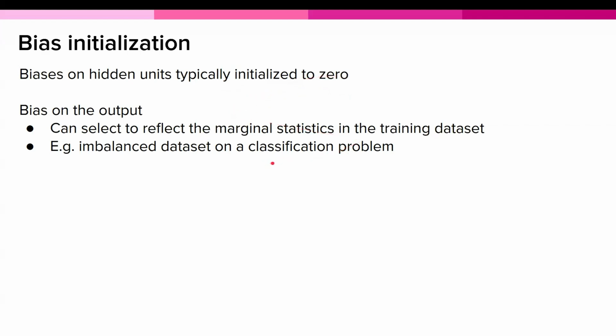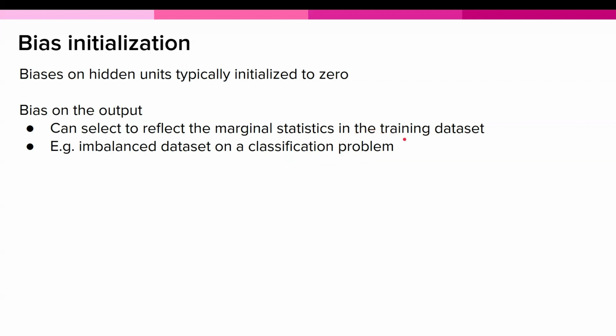For biases on the output, though, sometimes we might want to take a more targeted approach. You might want the network to better reflect the marginal statistics of the training data, and so you could use the biases to approximate those statistics.